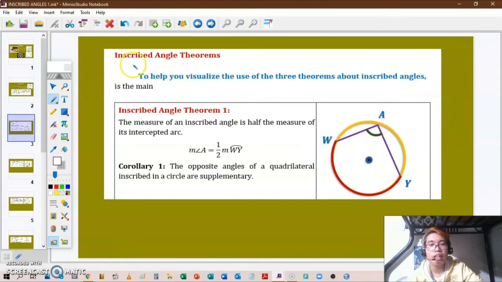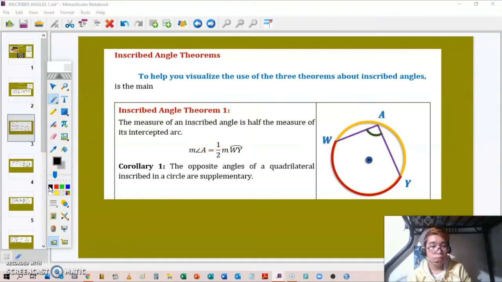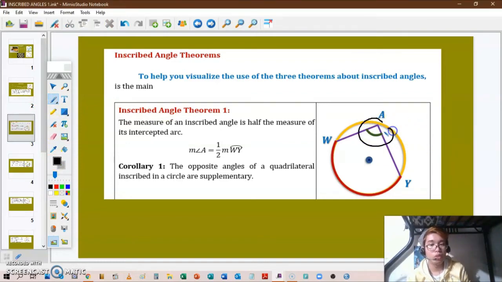Now we have the inscribed angle theorems. To help you visualize the three theorems, let's look at the illustrations on the right. The measure of an inscribed angle is half the measurement of its intercepted arc. Our inscribed angle here is angle A, and the intercepted or subtended arc is arc WY.